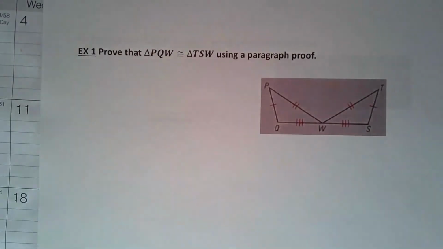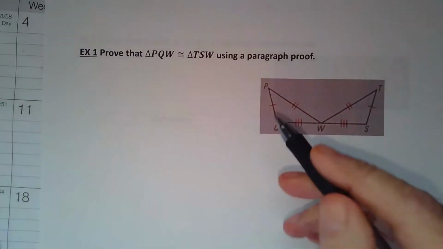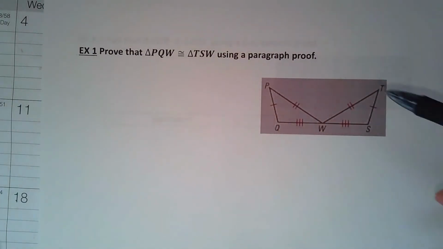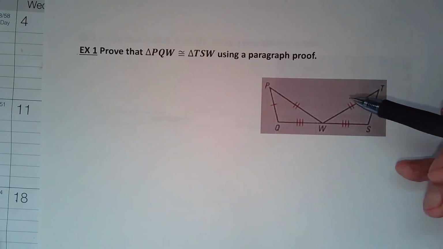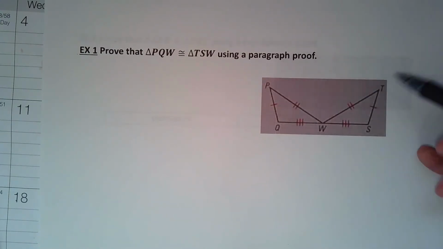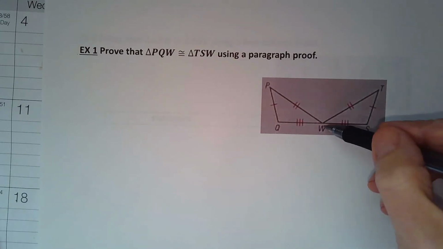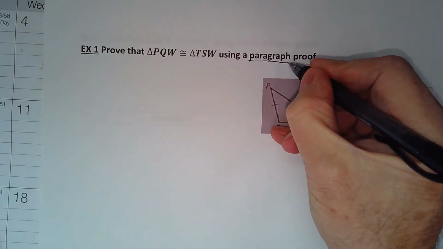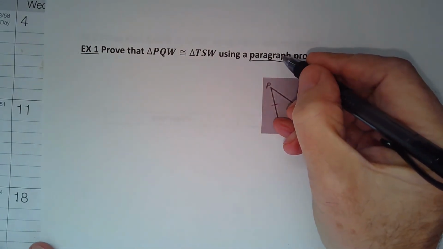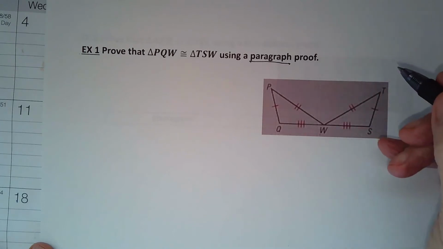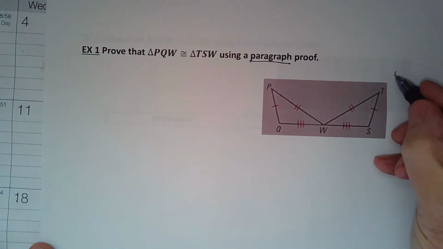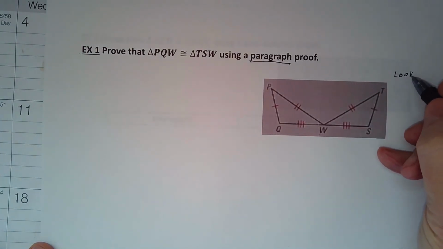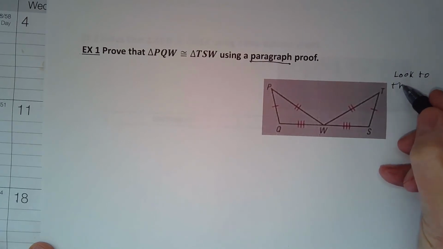And so example one, we want to prove that triangle PQW is congruent to triangle TSW. So PQW, TSW. These are two triangles that are joined at point W. And we're going to use a paragraph proof, okay? So, again, look to the picture for proof.